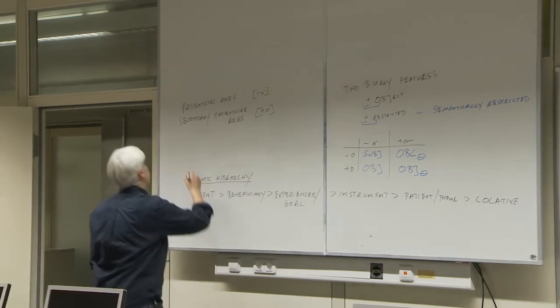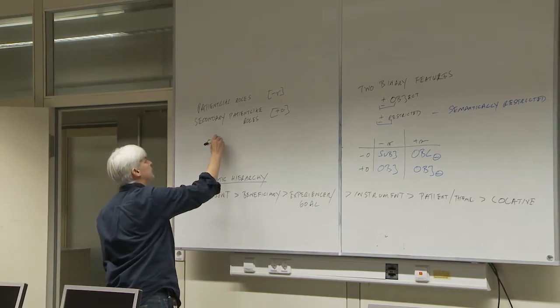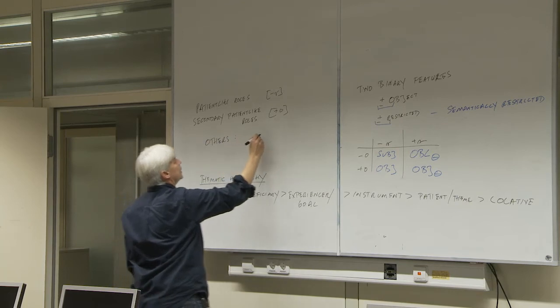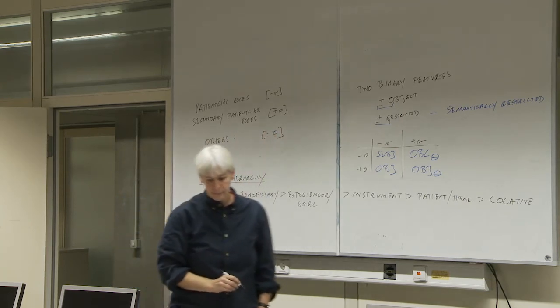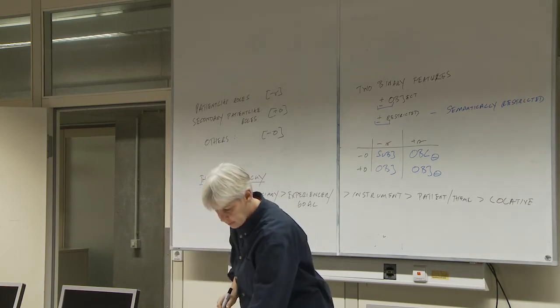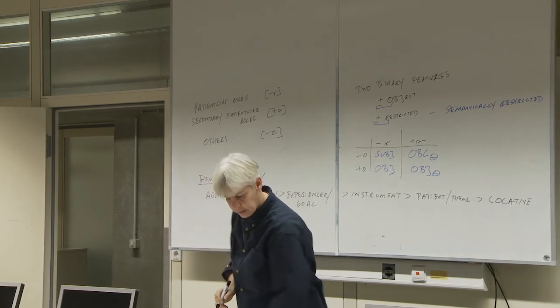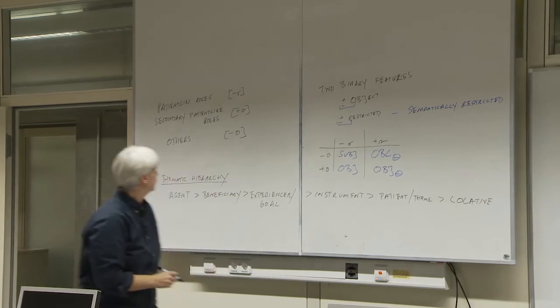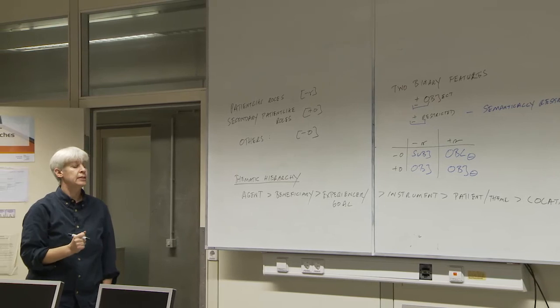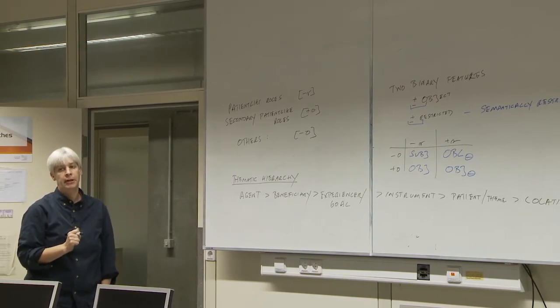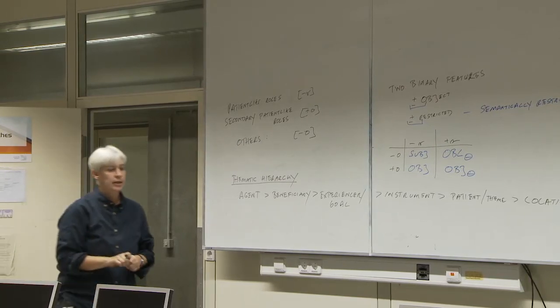And then others get minus O. Okay? So they figured out these with some tinkering. A lot of this theory was figured out on the basis of Bantu languages. There was a big Bantu project at Stanford in the 80s.